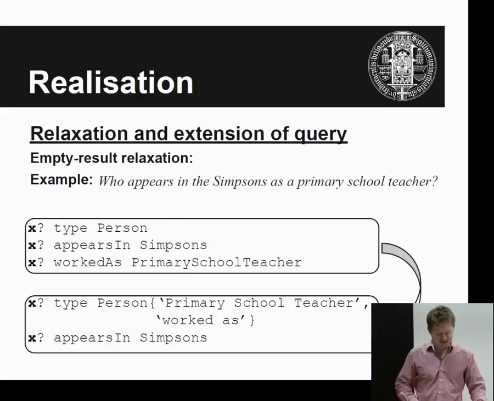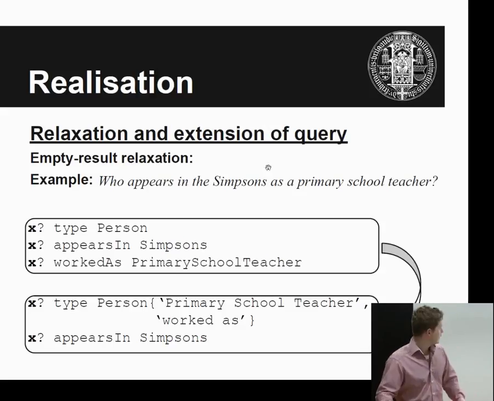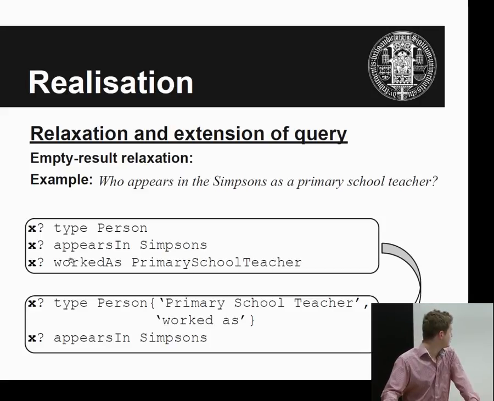If we relax this triple, we add this triple to this triple where the variable which was used by the bad triple is defined, in this case by type person.